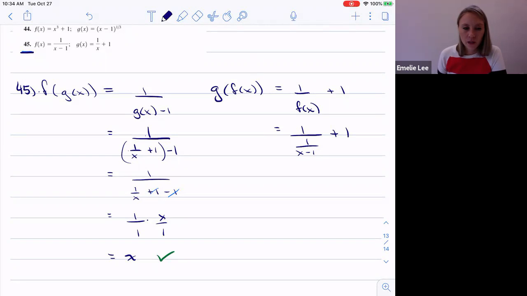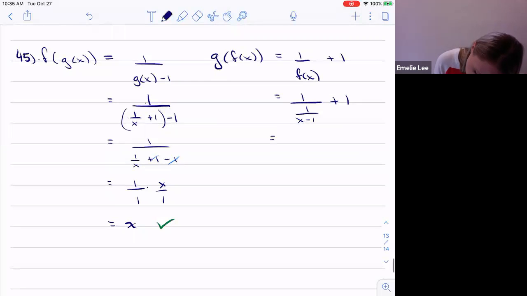Okay. I'm going to simplify this fraction over a fraction before I go ahead and add it to 1, because I'll probably have to find a common denominator. Or you can multiply this by 1 over x minus 1 over 1 over x minus 1, but that feels really nasty, so I'm not going to do that.